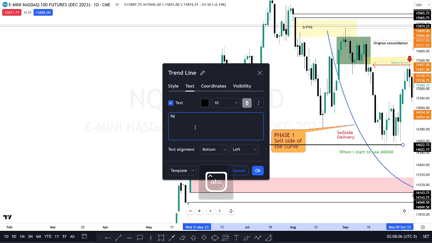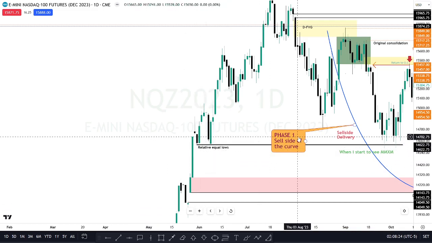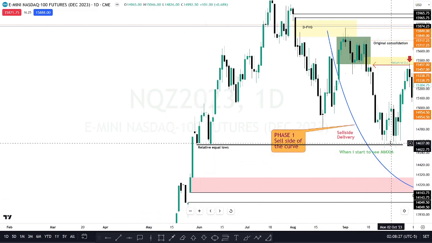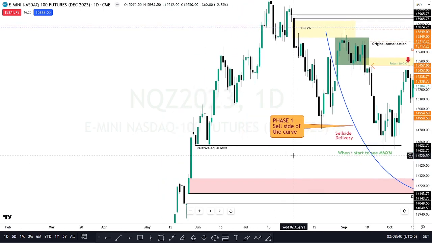Then I said this is relative equal lows. Let's make it stand out. Then I said you would have relative equal lows to be taken. Below, you need to have a reason for the market to go down. So if I have relative equal lows like this one right here, sorry guys for the development of the model. This shows that I'm giving you my understanding.